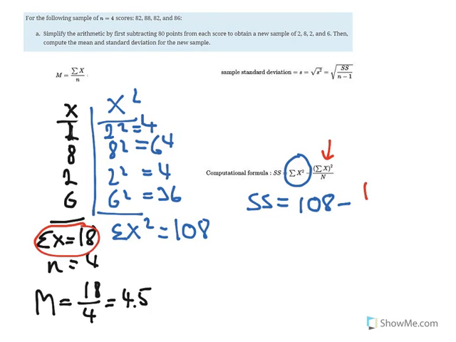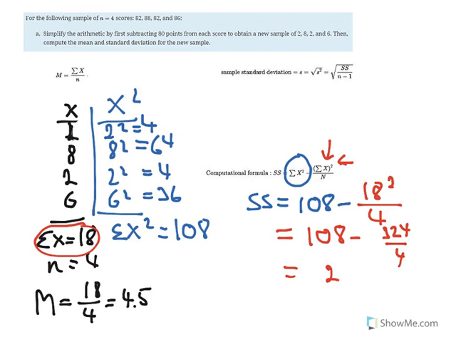So that is 18, and that's in the parentheses, so 18 squared, because don't forget the square right here, over the number of people, and we knew that was 4. So that's 108 minus 324 over 4, so that's going to be 27.